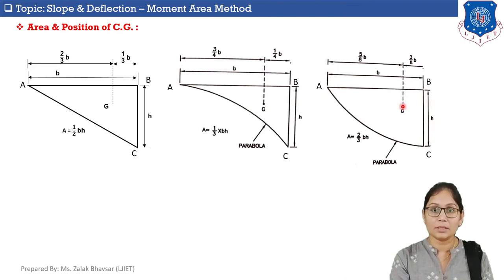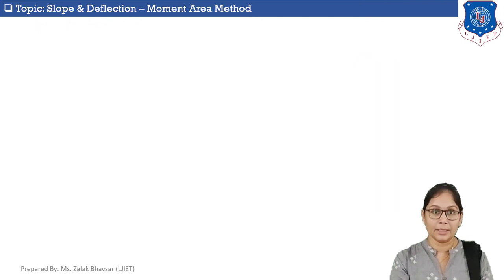And CG of this parabola will be at a distance of 5/8 into B from point A and 3/8 into B from point B. Again, area and position of CG of these three shapes is very important for calculation of numerical. So, let's solve a numerical.